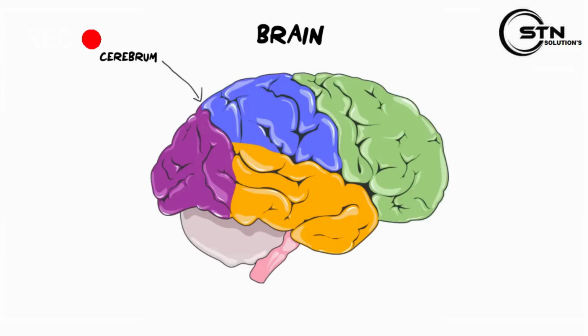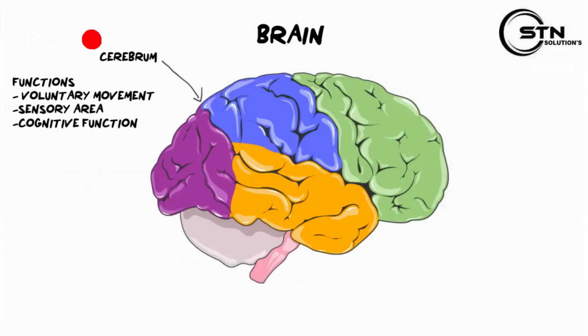The cerebrum is essentially where you live, in the sense that it's your personality, it's your memories, and all of those folds and grooves are called sulci and gyri. Essentially that is where all of your sight comes from, your hearing, your memories, everything is housed in this part of your brain. When we list the functions of the cerebrum, we say it's where voluntary movement comes from, like walking and exercising and moving around.